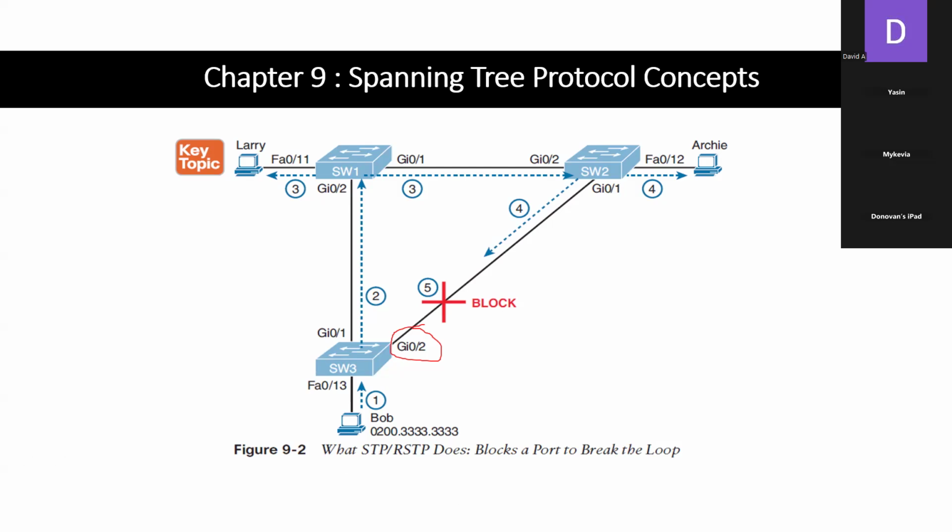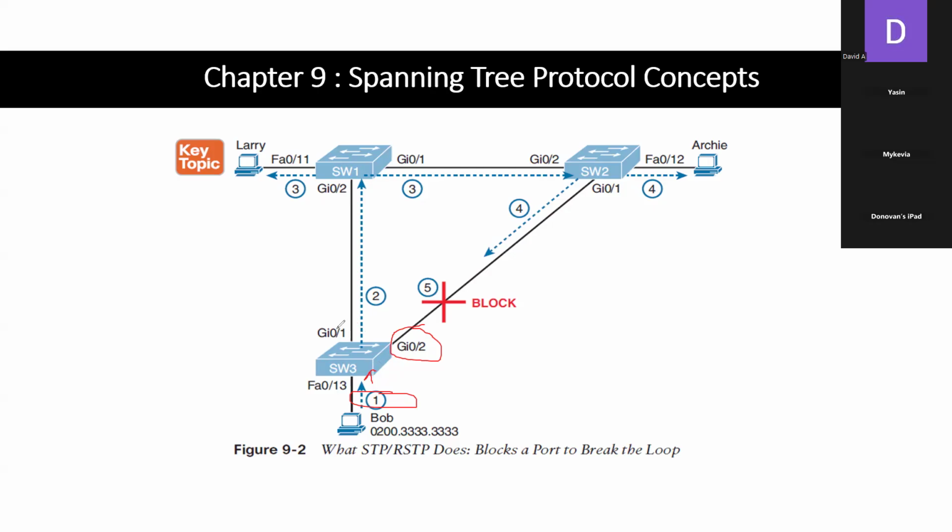But essentially, this is what is happening. So now let's take a look at this diagram with spanning tree enabled. Step one, we have Bob sending that frame to switch 3. With spanning tree enabled, we're going to have that check again: which interfaces are in a forwarding state, and which are in a blocking state.